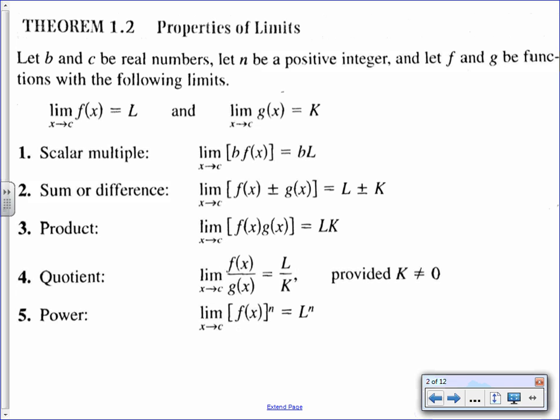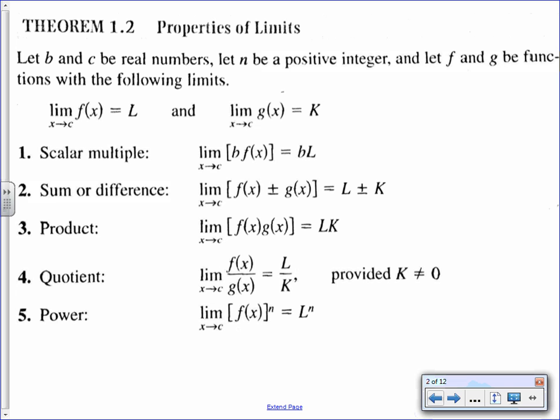Okay, I can add or subtract two limits together. We can multiply them together. We can divide them as long as our denominator is not 0. And we can take them to a power. Okay. These are in your book, so you can write them down. You can reference them. I don't care what you do.